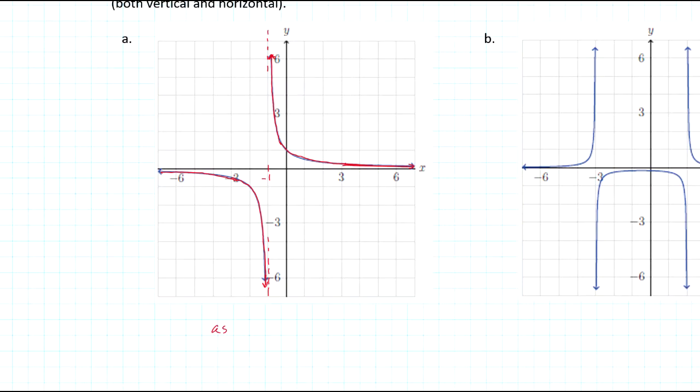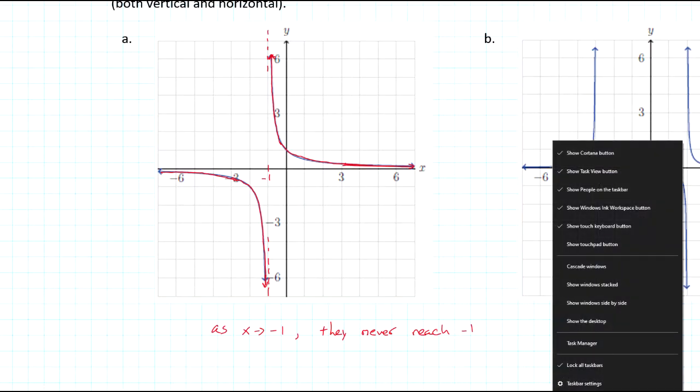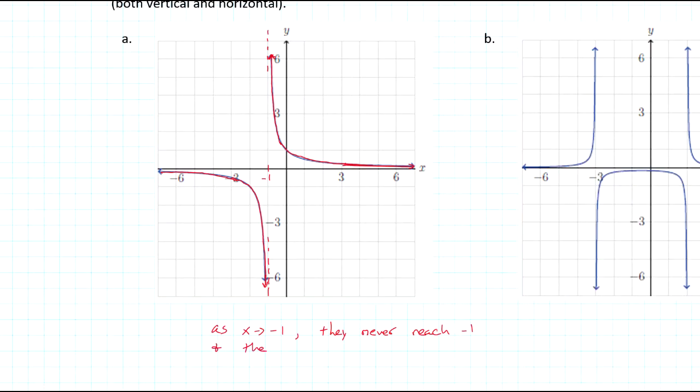As the x values get closer to -1, they never reach -1, first of all. And the y values are going to plus or minus infinity.